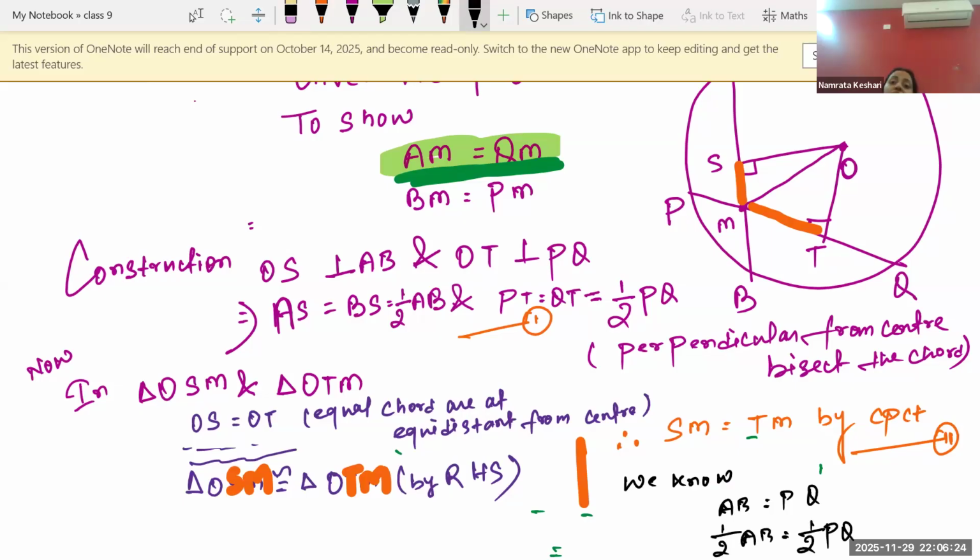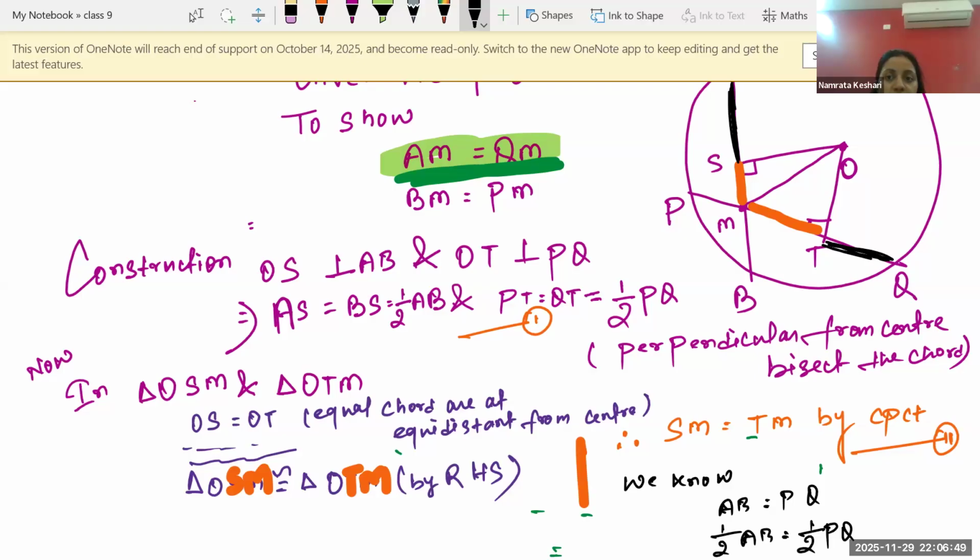Now, after writing this one, I want you to be really, really careful. Otherwise, here only you will end up getting stuck. Half of AB, half of PQ, that much is clear to you. But if you do not write it properly, the black portion over here and the black portion over there, then you will end up going in a loop here and there and not be able to do the proof.